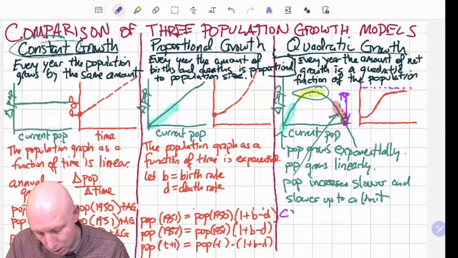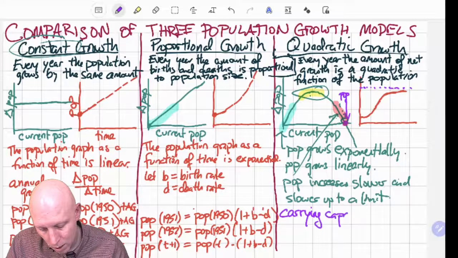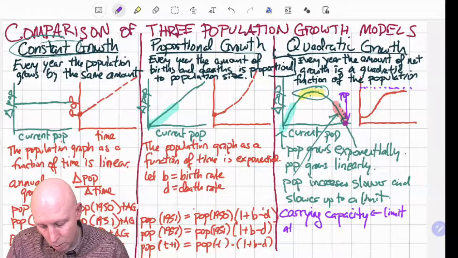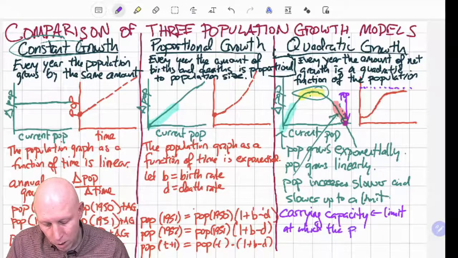So this is the carrying capacity of the system, is the limit at which the population can't grow anymore.